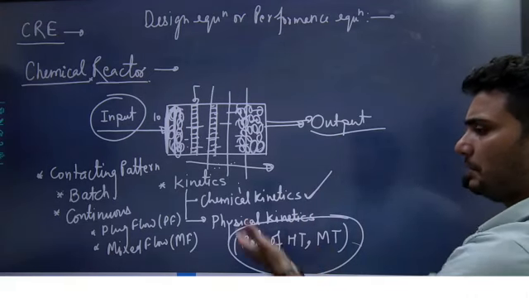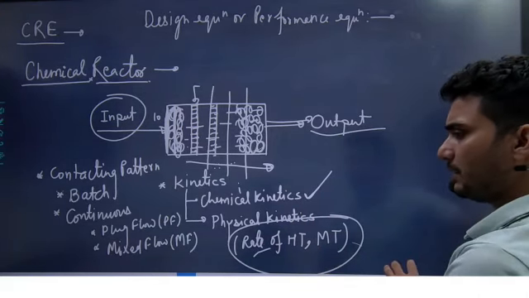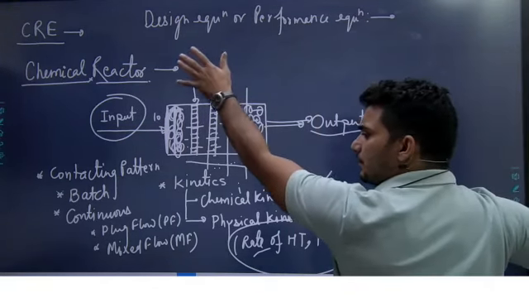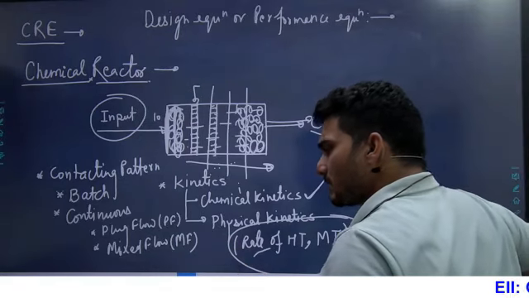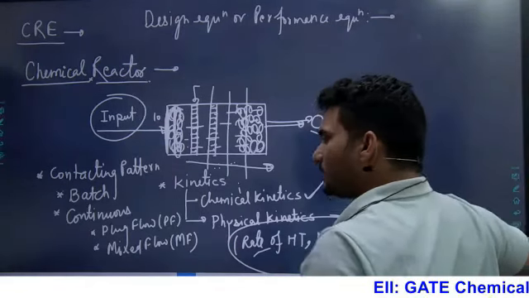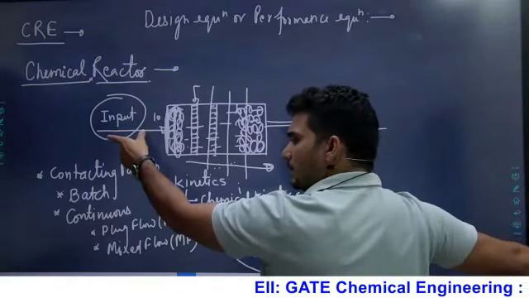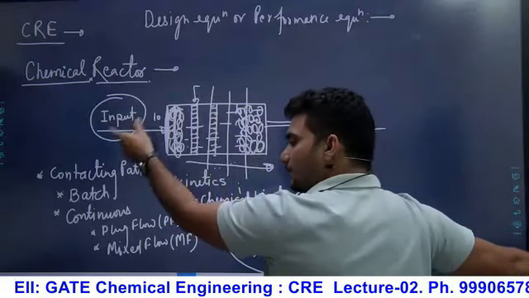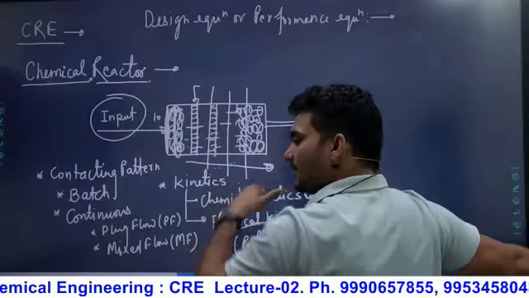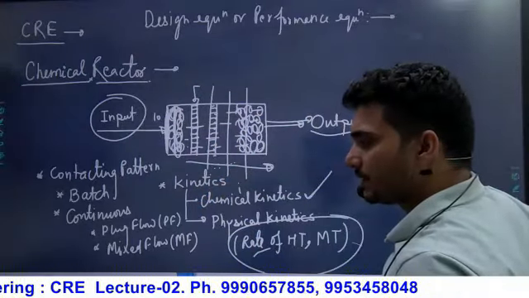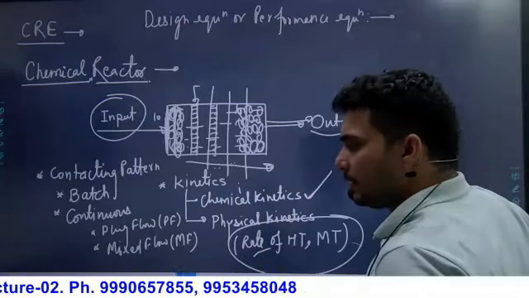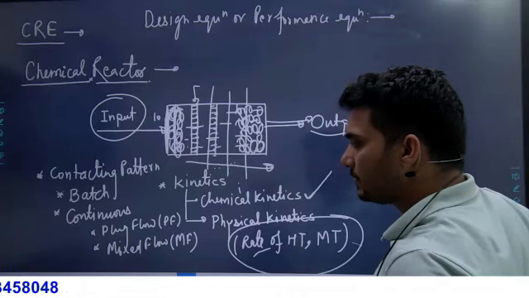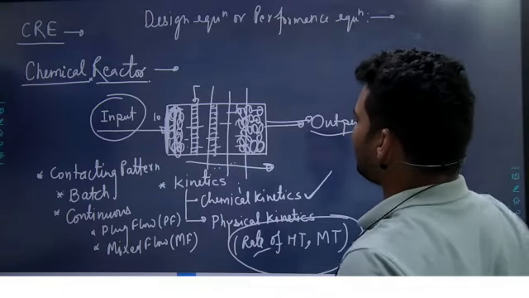For PFR it will be different, for the MFR it will be different, for the batch reactor it will be different. So what does the performance equation or design equation tell us? It relates input with output. Input with output, that is called the performance equation.